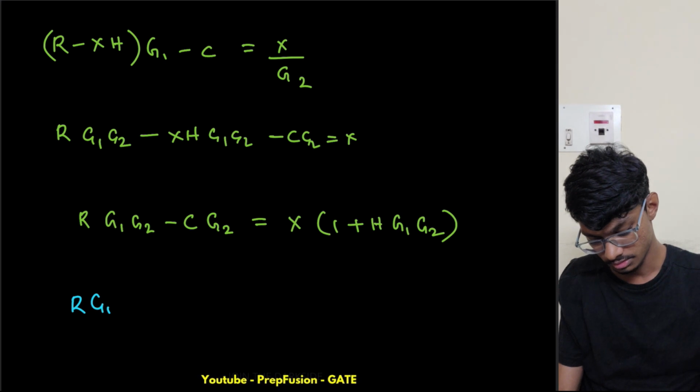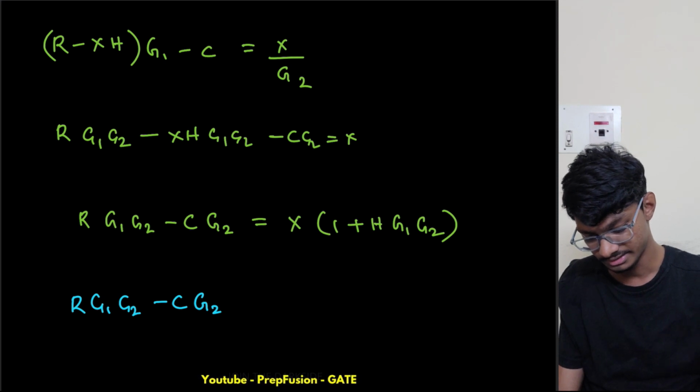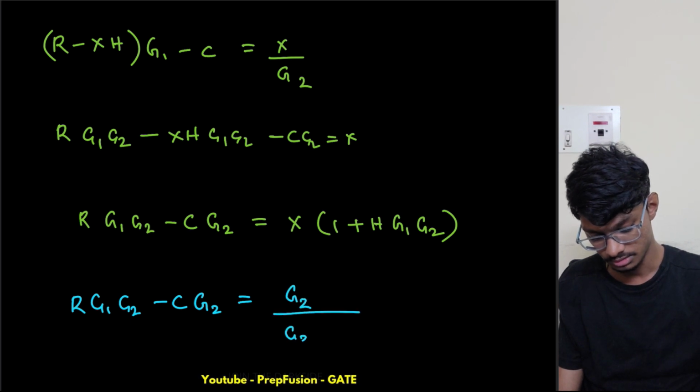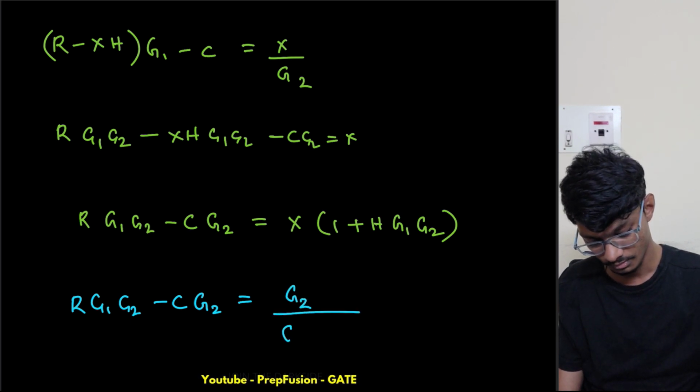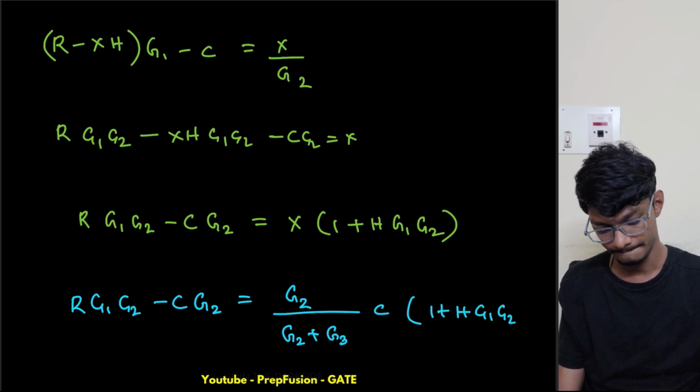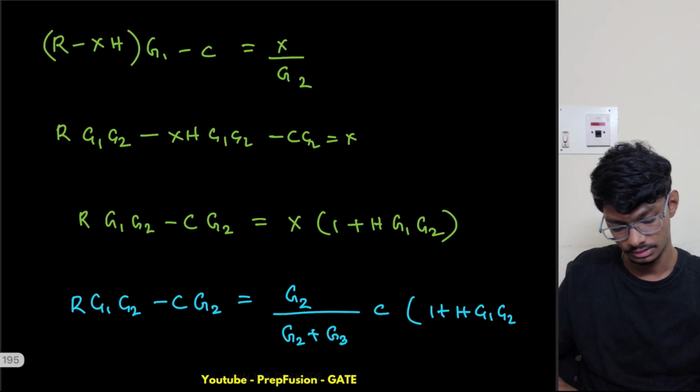So r g1 g2 minus c g2. Just don't ignore my g, these are also g, so try to understand that also. So this is g2 divided by g2 plus g3 times c into 1 plus h g1 g2. Okay, yeah, this one is it.